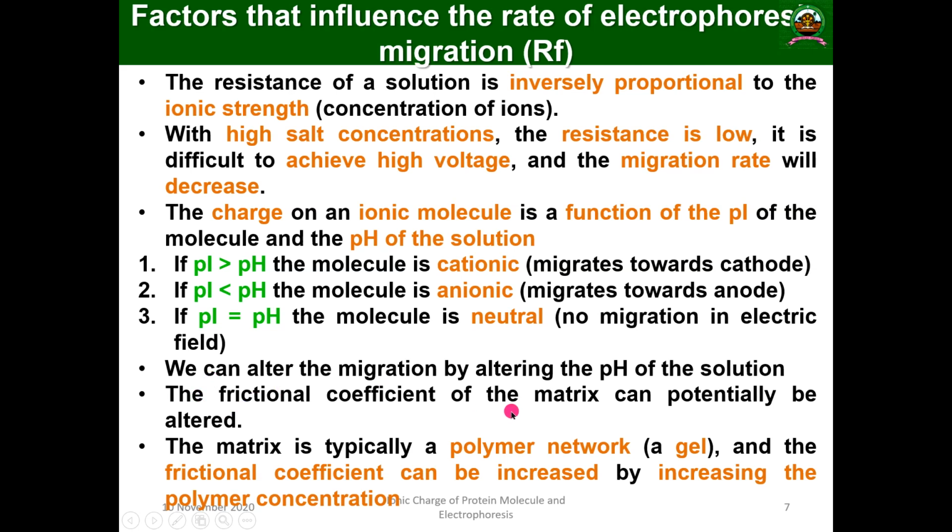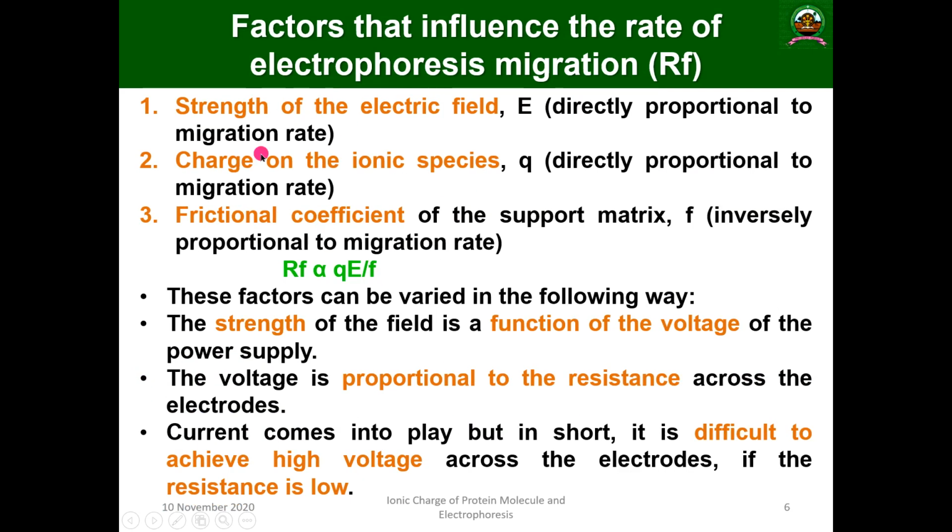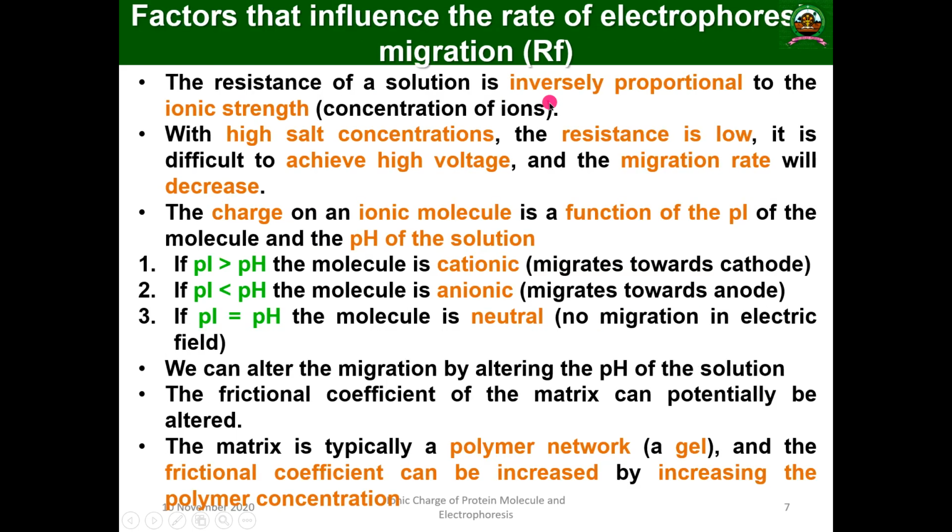The frictional coefficient of the matrix can potentially be altered. The frictional coefficient is one of the important parameters affecting the electrophoretic migration rate. Then we are talking about the matrix. The matrix is a gel. What is a gel?